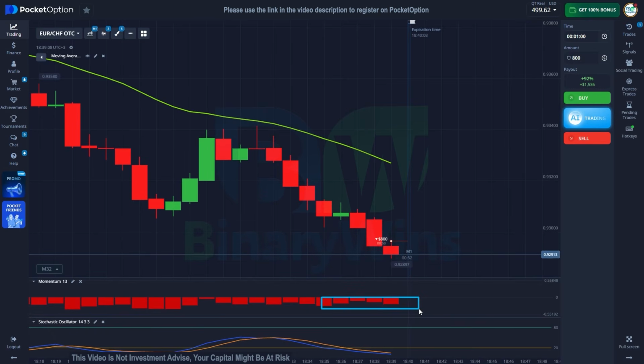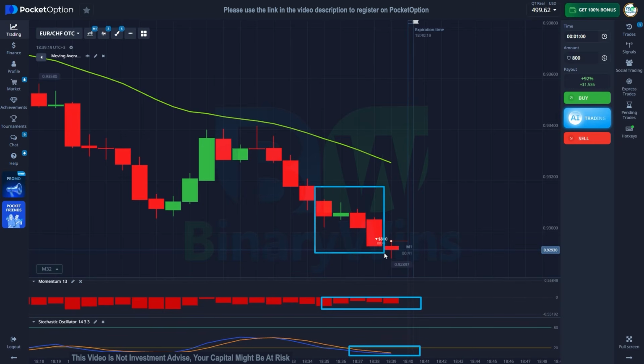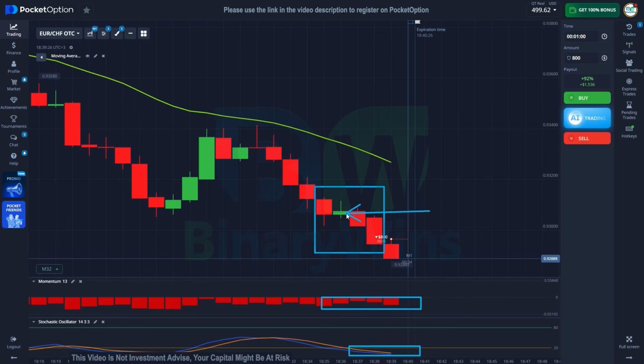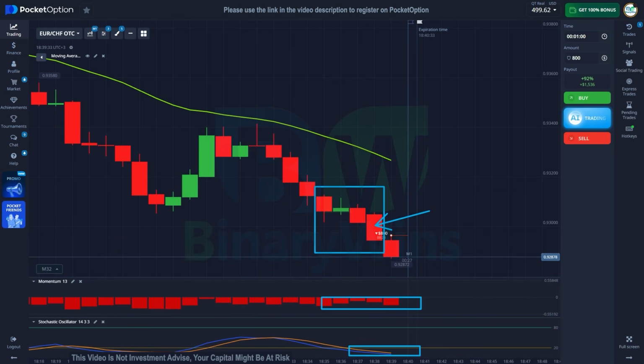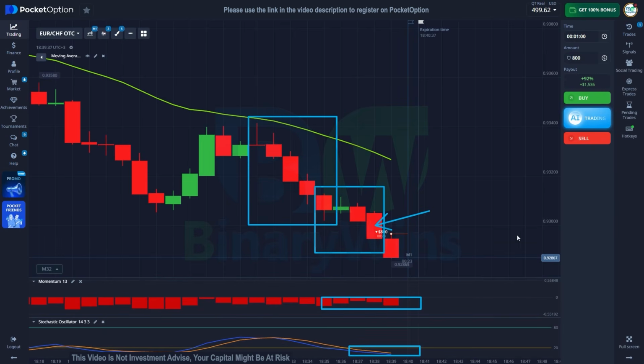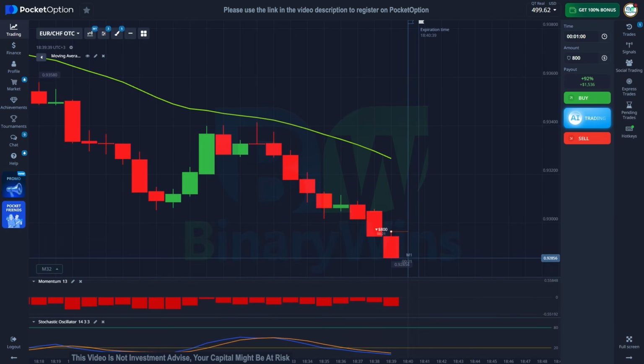You can see that the histograms are below the zero line. The stochastic has entered the oversold zone, forming a chair pattern for me. On the other hand, I have a power candle that formed after the bearish engulfing pattern for me. Behind the chair and power candle patterns, we also have a momentum trend and a downtrend.